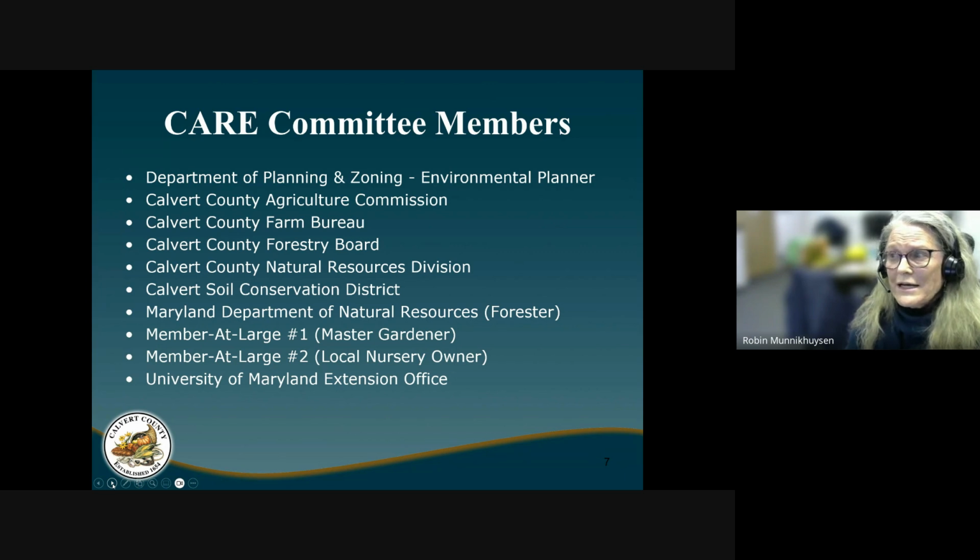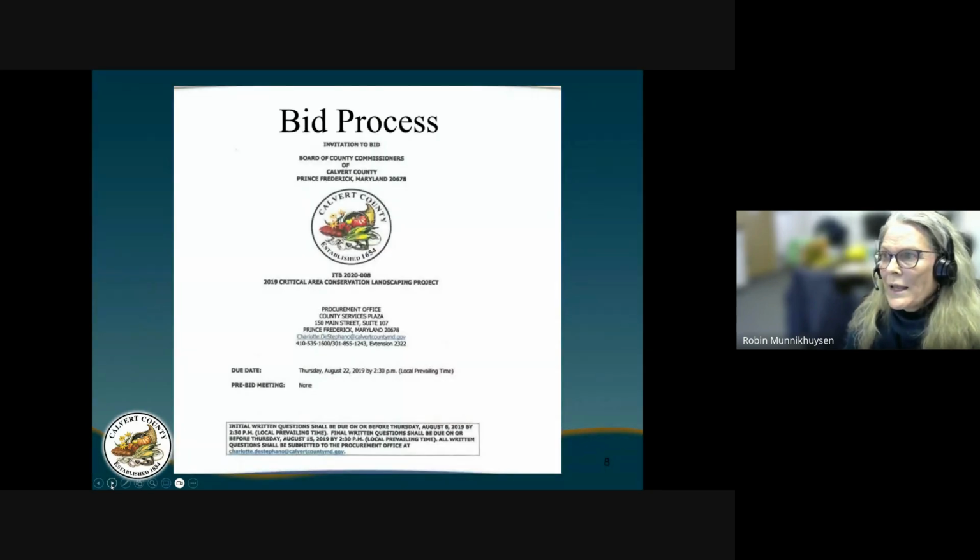This is the makeup of the committee. As you can see, it's a broad swath between agricultural, natural resources, local businesses, and our University of Maryland Extension office here. There is a formal bid process that luckily we were approved for the first time in 2021 to do as a multi-year bid, and that's really important because it frees up a lot of my time.